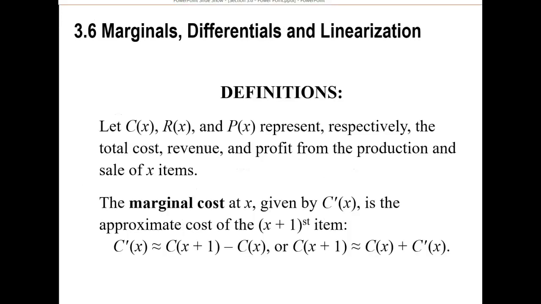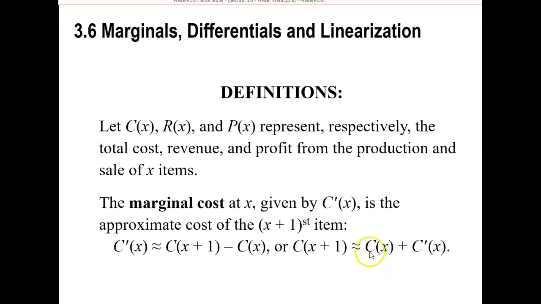All right, so our definitions for marginal cost, revenue, and profit. Let C of x, R of x, and P of x represent respectively the total cost, revenue, and profit from the production and sale of x items. The marginal cost at x, given by the first derivative C prime of x, is the approximate cost of the x plus first item.